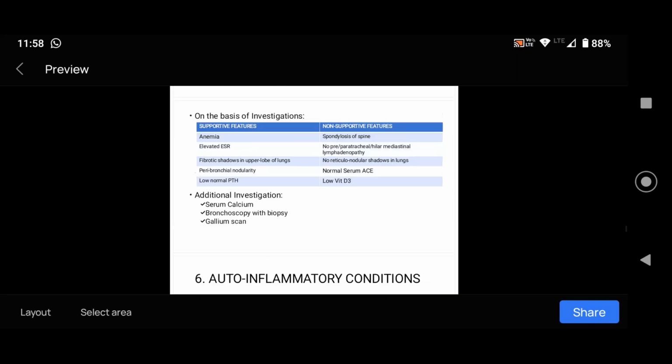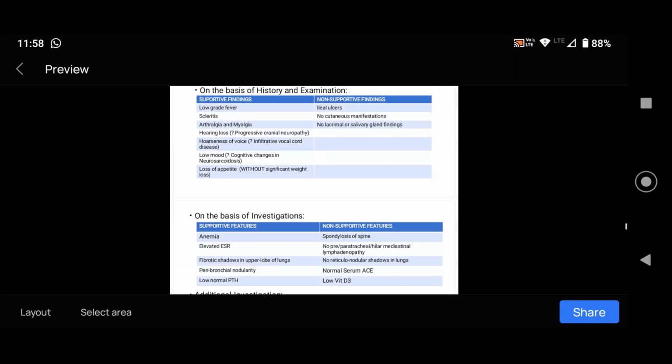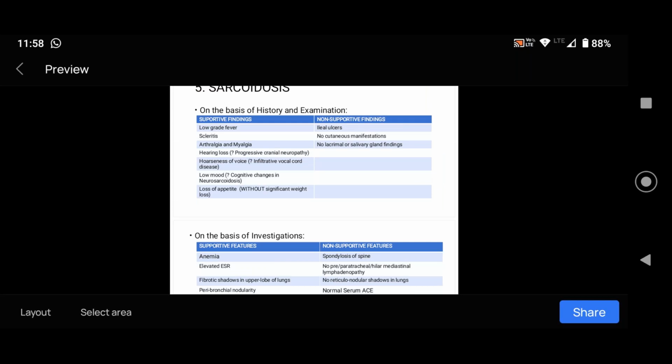All right. So on the basis of the history, the examination, and the investigations that were available with us, sarcoidosis was our first diagnosis. You are absolutely right. Low-grade fevers, scleritis, arthralgias, myalgias, the hoarseness of voice, mood abnormalities, everything fits perfectly into sarcoidosis history-wise, and that was our first clinical diagnosis.